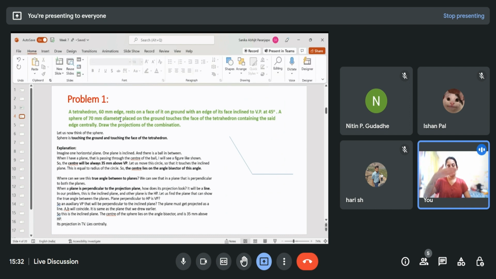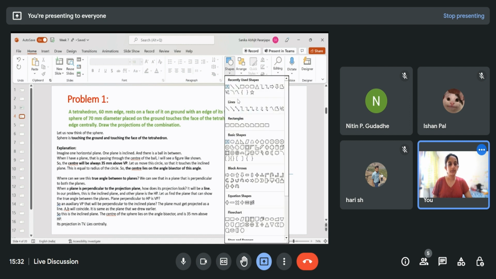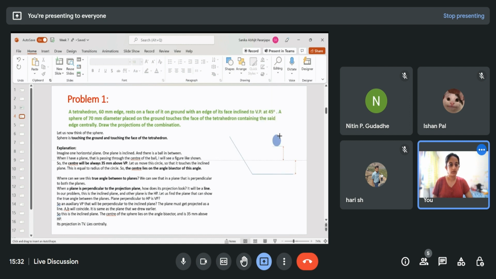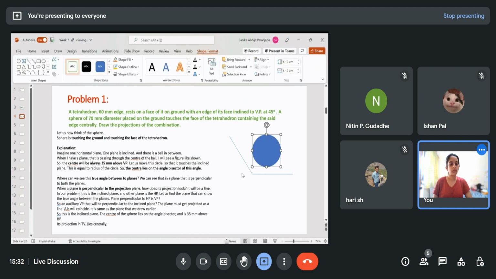And if I am drawing this projection in a plane that is passing through the center of the circle, I will see something like this. So I have a circle like this. All right. Now this is touching the ground. So the position of the circle will be like this.